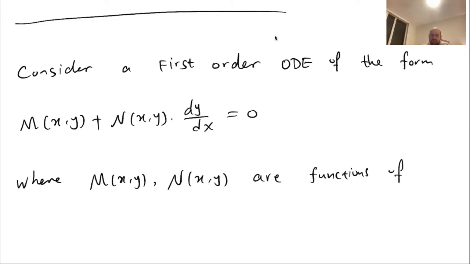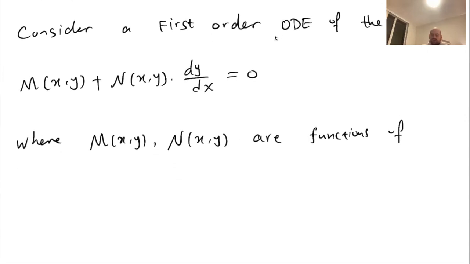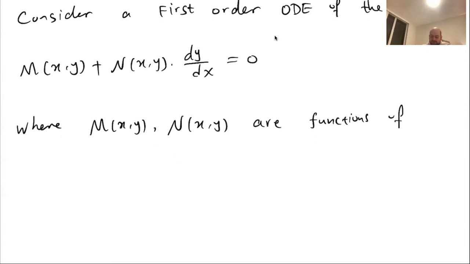In general, we are assuming that they're functions of two variables. Of course, in special cases, they could be functions of one variable, but in general, we can assume that they're functions of two variables.